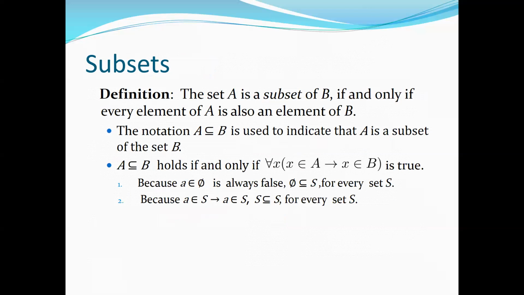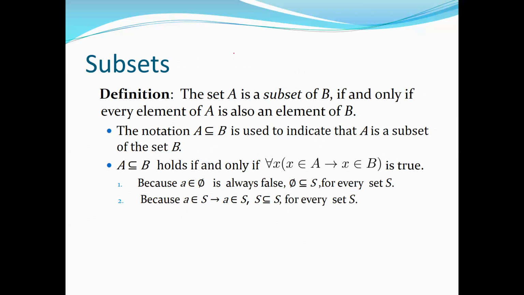Subset. What is a subset? The set A is a subset of B if and only if every element of A is also an element of B. Now this is different from set equality. There, the members of the sets must be the same, but here it is not necessary.